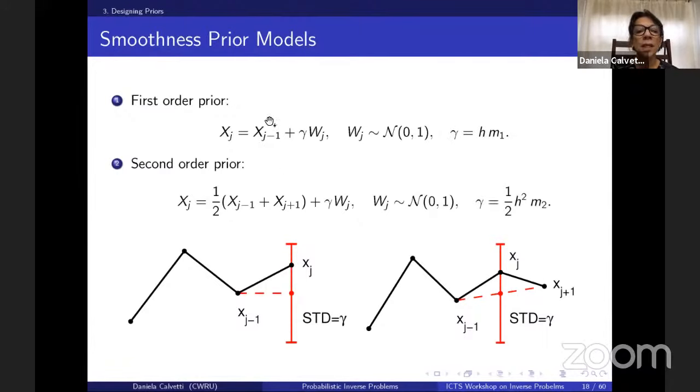So in other words, we're saying that the signal at the next step should be roughly equal to the signal at the previous position, plus some innovation. This is the innovation here. The term which changes the value has some randomness because of this W, so it could be very, very small.